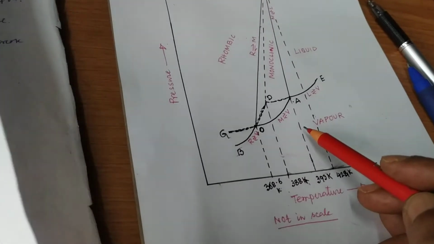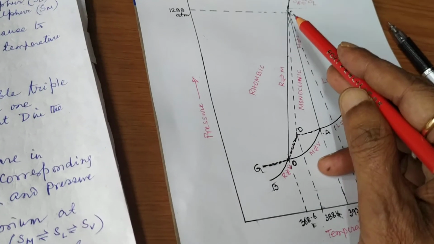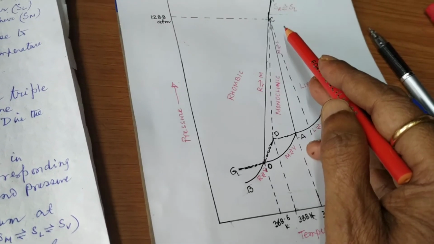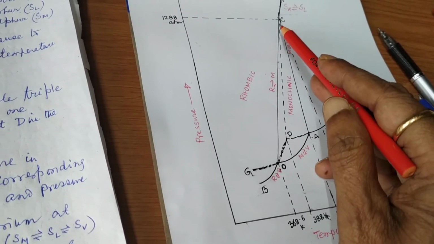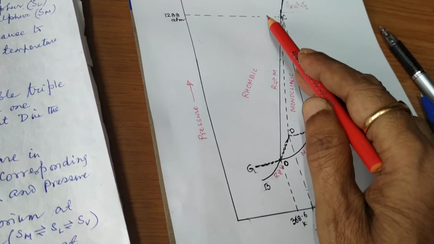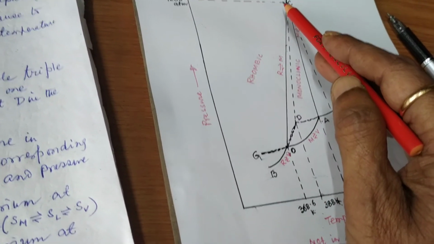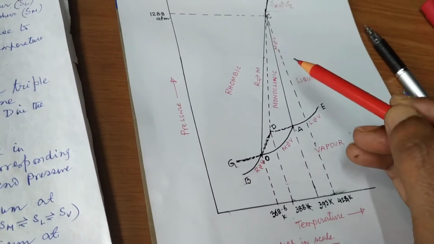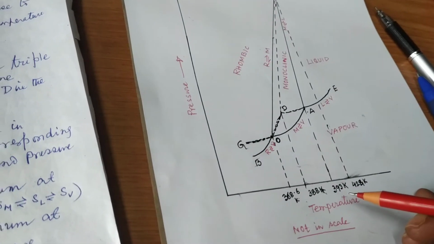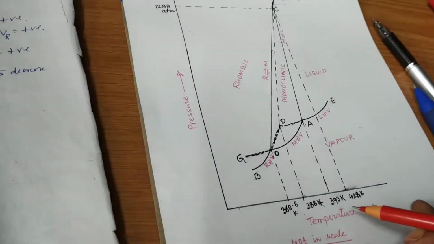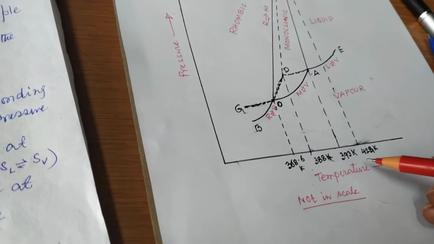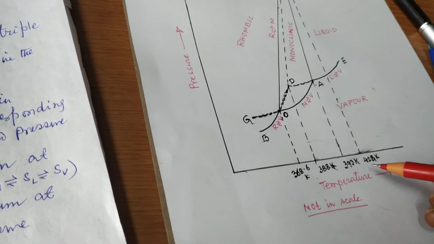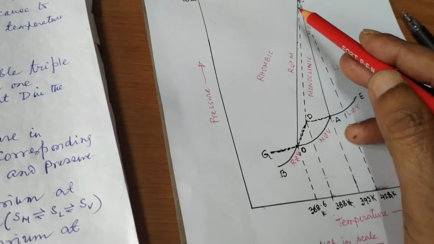Now the point C, the stable triple point: monoclinic sulfur, liquid sulfur and rhombic sulfur are in equilibrium at a pressure of 1288 atmosphere and a temperature of 428 Kelvin. So this is another triple point.